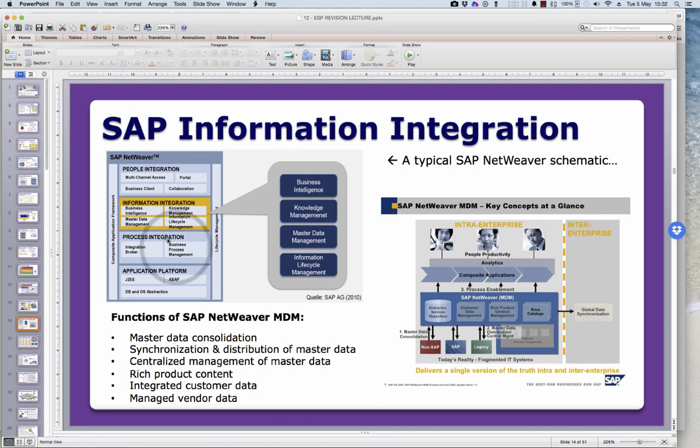So just thinking about this information integration, one of the things there is MDM, or master data management. So what is that? Master data management is where you have master data, which is the setting up of buckets to receive transaction data.